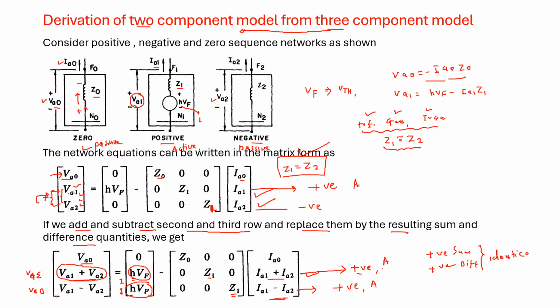The only difference is that either we have a summation of voltage or a difference of voltage. Otherwise, in terms of network, they are the same, and hence the three networks are reduced to two networks. So it is called the two component model, from the three component model.